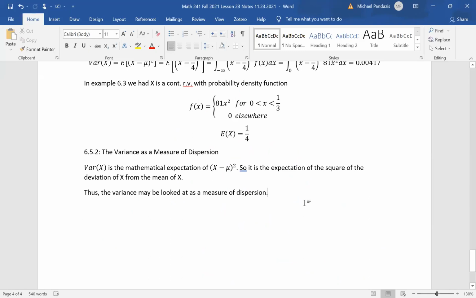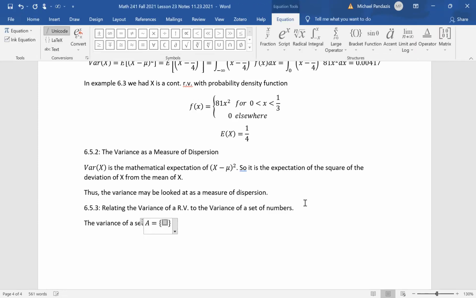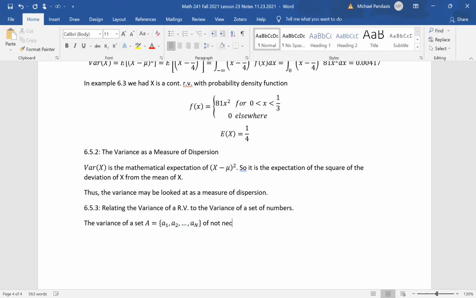Okay, good. So 6.5.3 is on relating the variance of a random variable to the variance of a set of numbers. So the variance of a set, capital A, which is equal to the set A1, A2, dot dot dot, A sub capital N, of not necessarily distinct numbers.